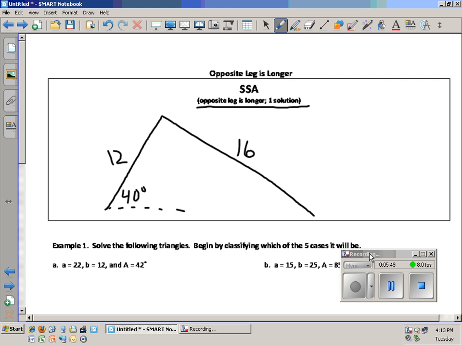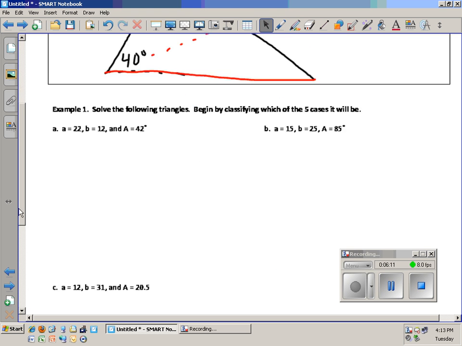Well, there's no way that the 16 can pendulum over to the other side. So again, if the opposite leg is longer than that, then there's one unique solution. There's only one triangle that can be drawn. So each time we're going to follow our decision tree and see exactly what we come up with and try to solve these.